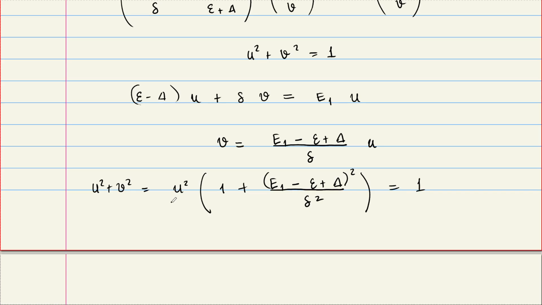This is an equation for U. If I can simplify it for U, I'm done. I plug this in for V, and I find U, I find V, and I find E1 and E2. I'm done.